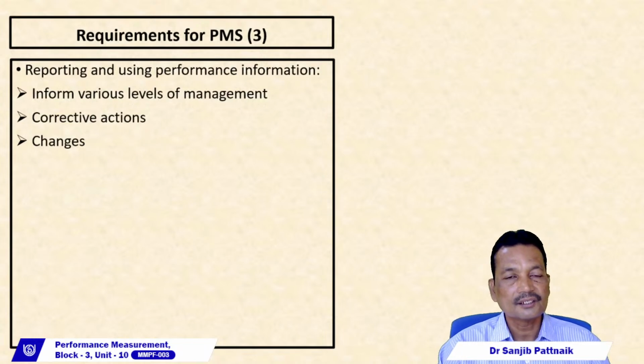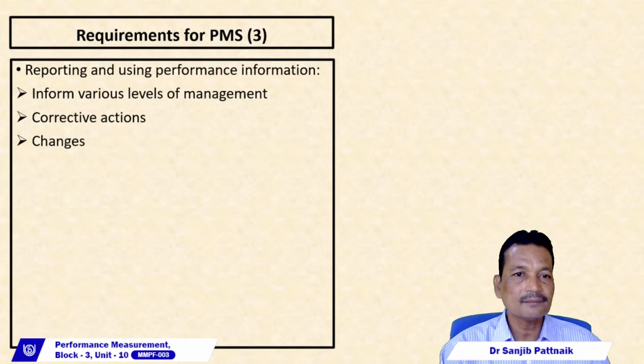Now the last requirement for a performance measurement system is, now that we have analyzed the particular information, reporting and using performance information.